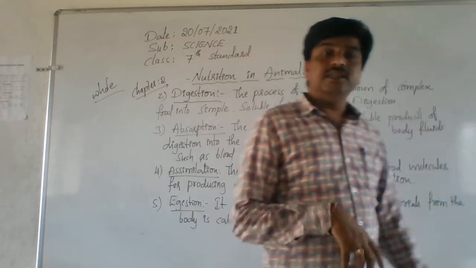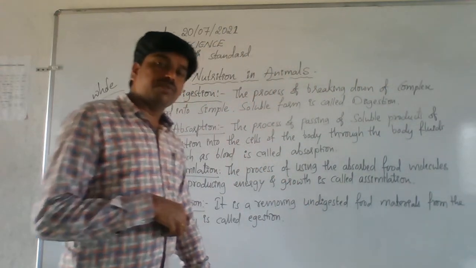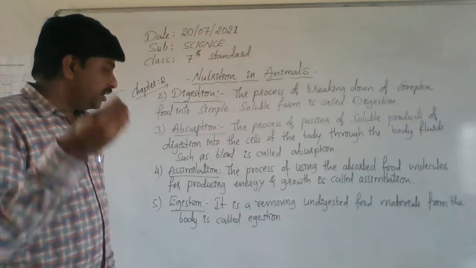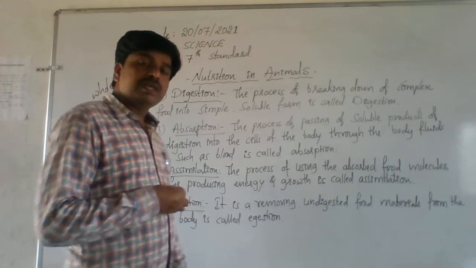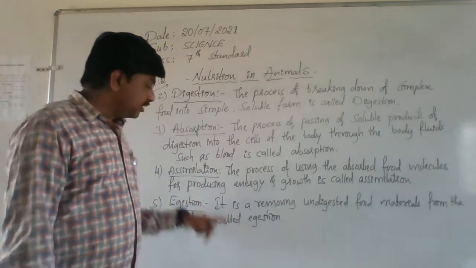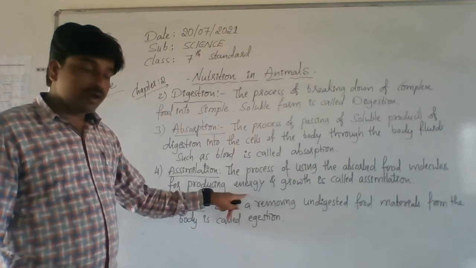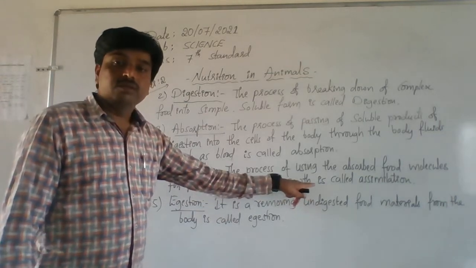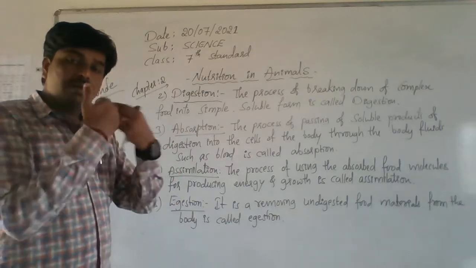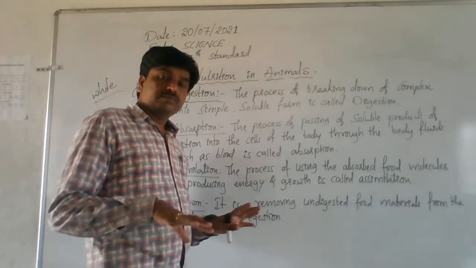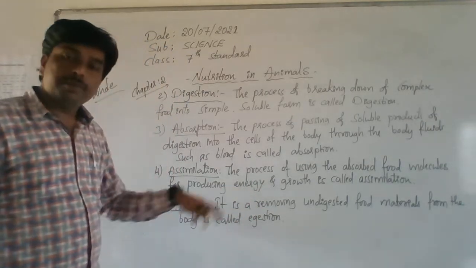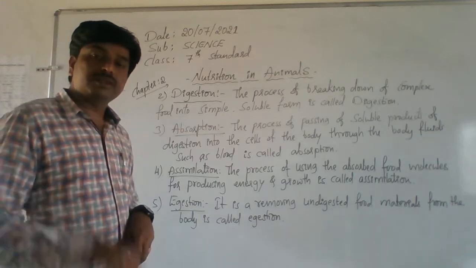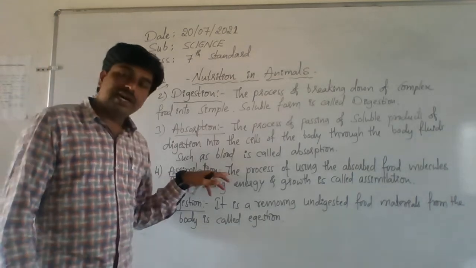See, the cells have already absorbed food, understand, and it burns with the help of oxygen and releases what? Energy. For what? For growth. Not only for growth, for all our other body activities. Understand? So this happens in your body cells. Hence this process we call assimilation.